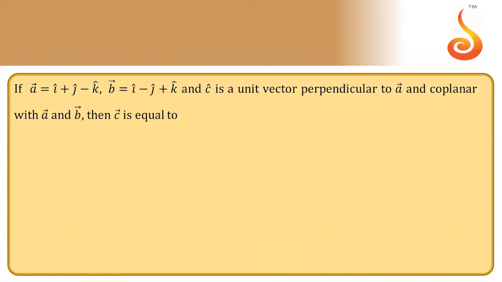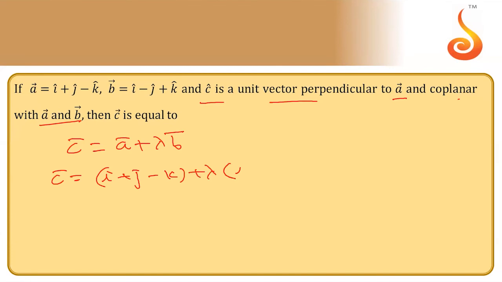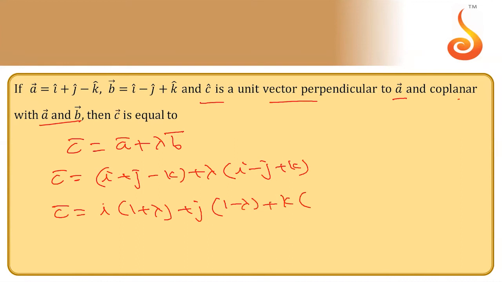What is the logic? C bar is a unit vector perpendicular to A bar and coplanar with A and B. That means C bar equals A bar plus lambda B bar, because C bar is coplanar with the other two vectors. So C bar equals A bar plus lambda B bar, which gives i times (1 plus lambda), j times (1 minus lambda), k times (lambda minus 1).